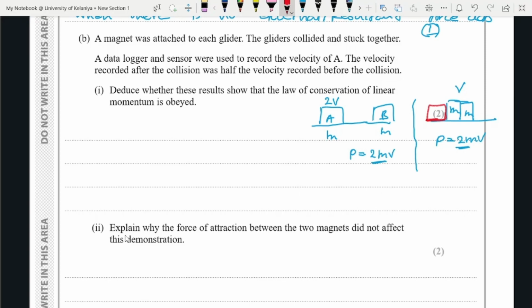How? First, you have to mention that momentum is mass times velocity, and after the collision the mass is doubled.